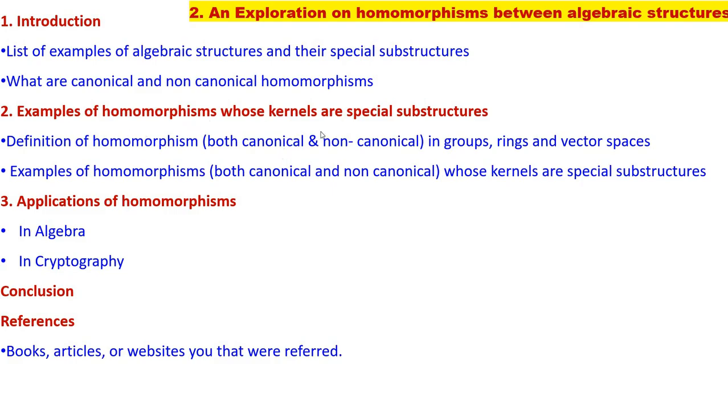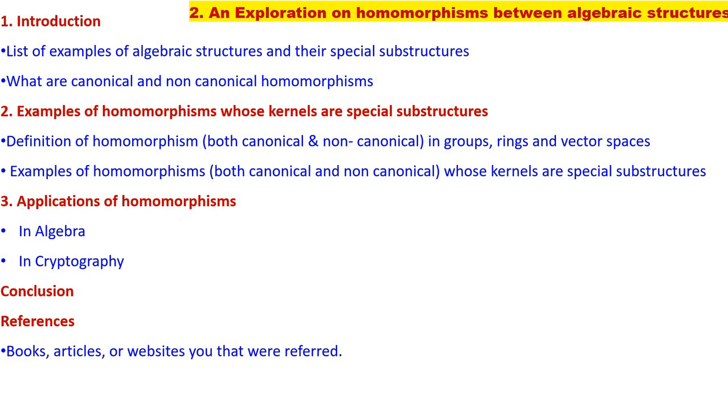So you give examples of homomorphisms from both. See, we always know that the kernel of a homomorphism is a normal subgroup. But how about the other way around?